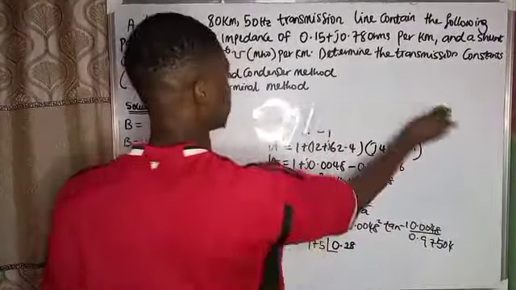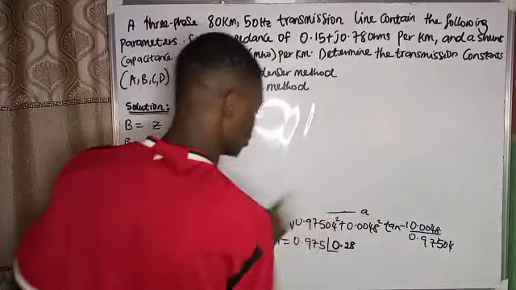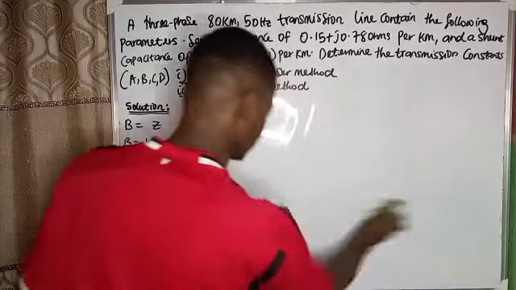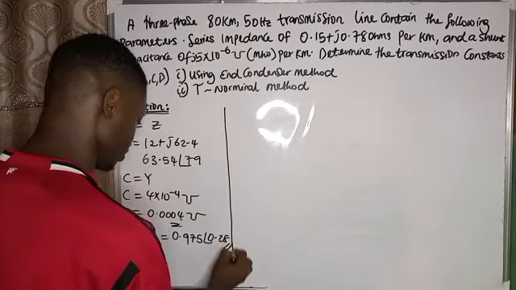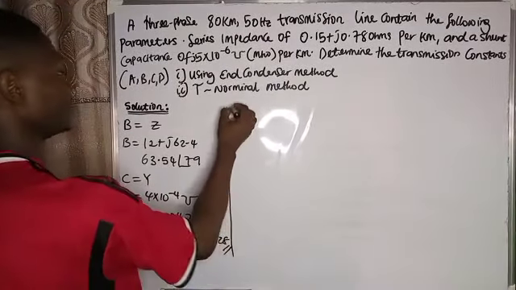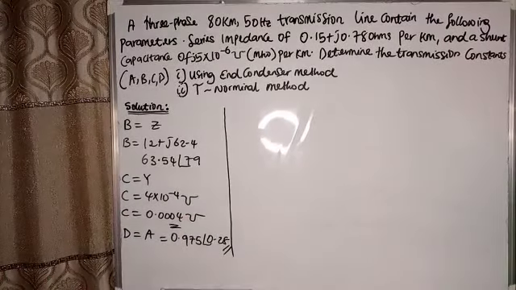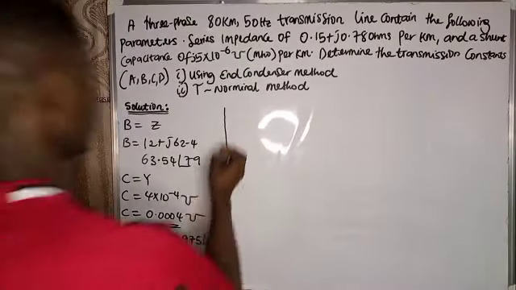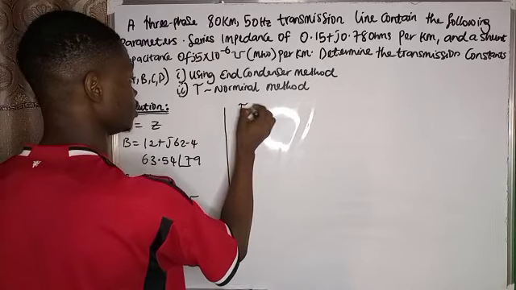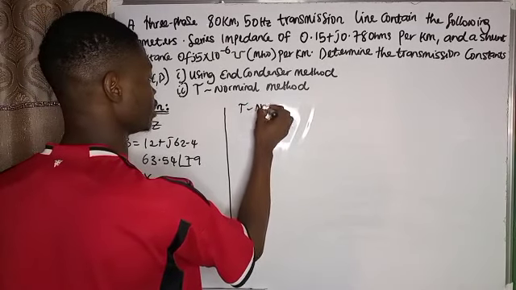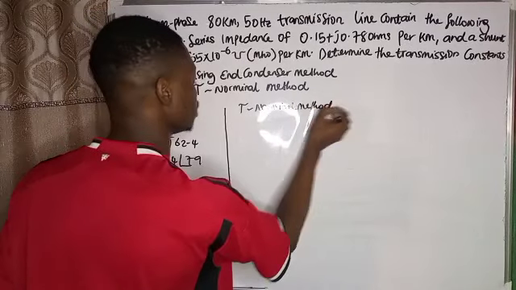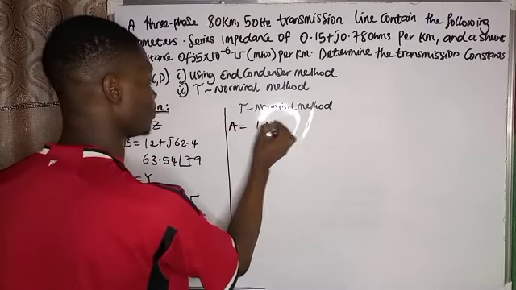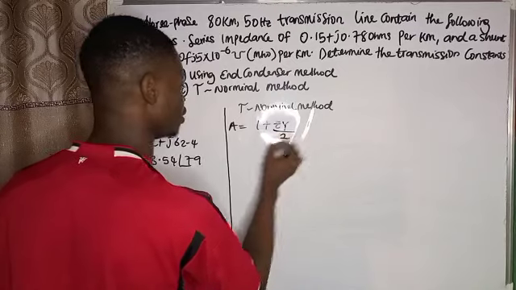So, T nominal method. Remember our T nominal method. That A is equals to 1 plus ZY all over 2.